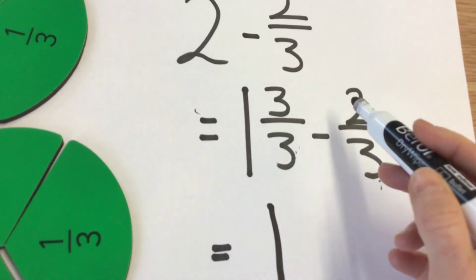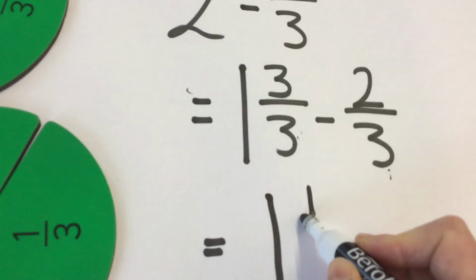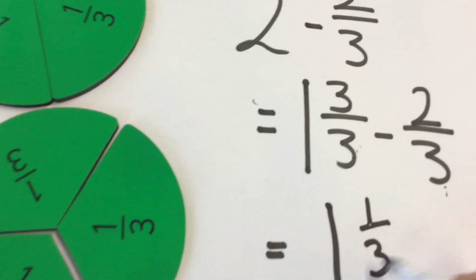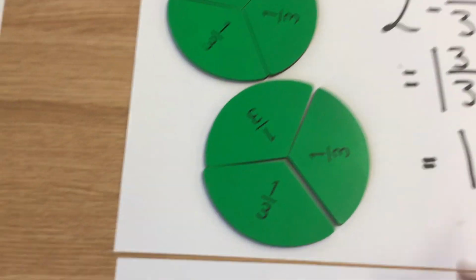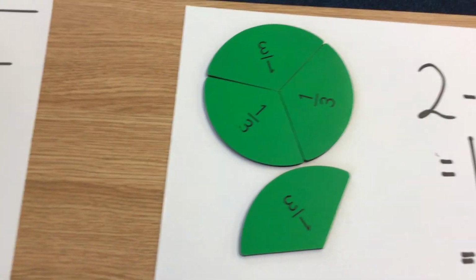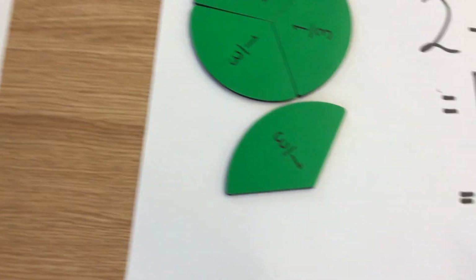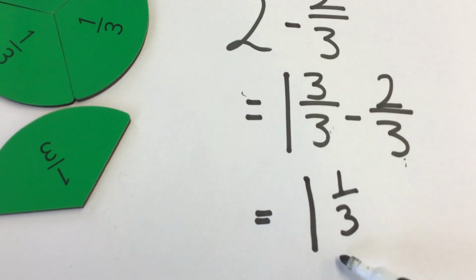I'm going to do the 3/3 and take away the 2/3, and that's going to give me 1/3. Just like with my diagram, there's my 2 wholes, and I'm going to take off 2/3, and I am left with 1 whole and 1/3. And just like with this written method, it works the same.